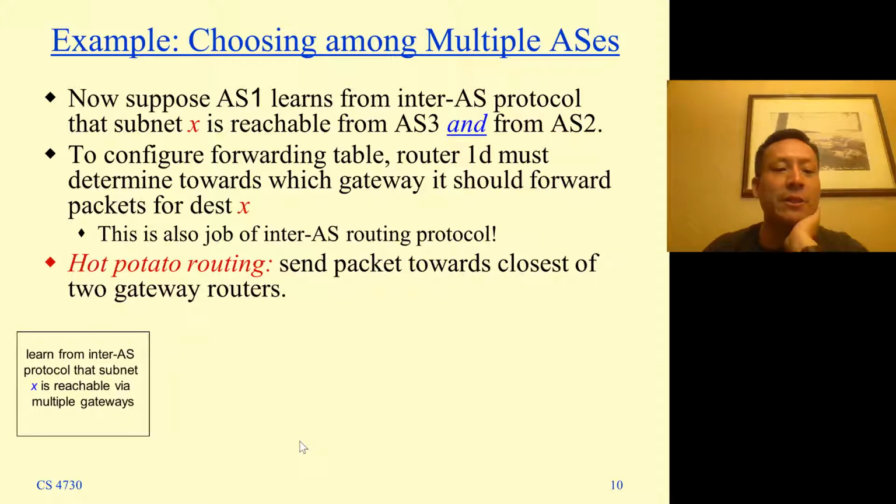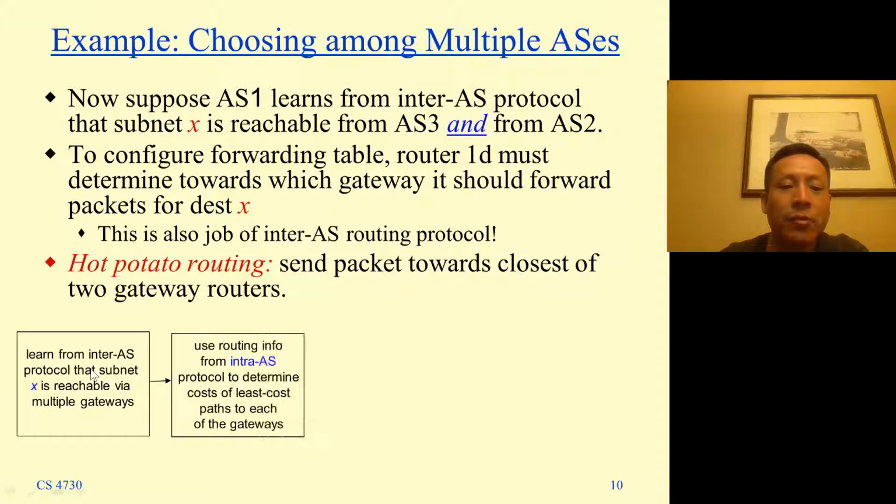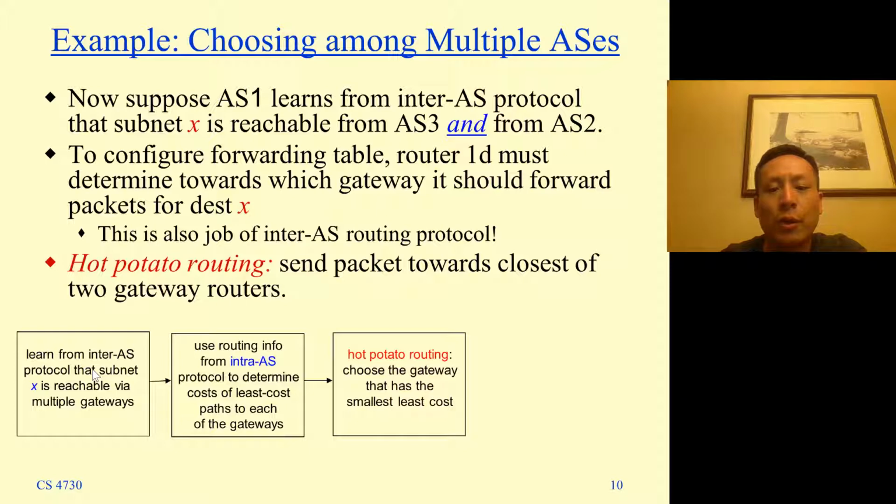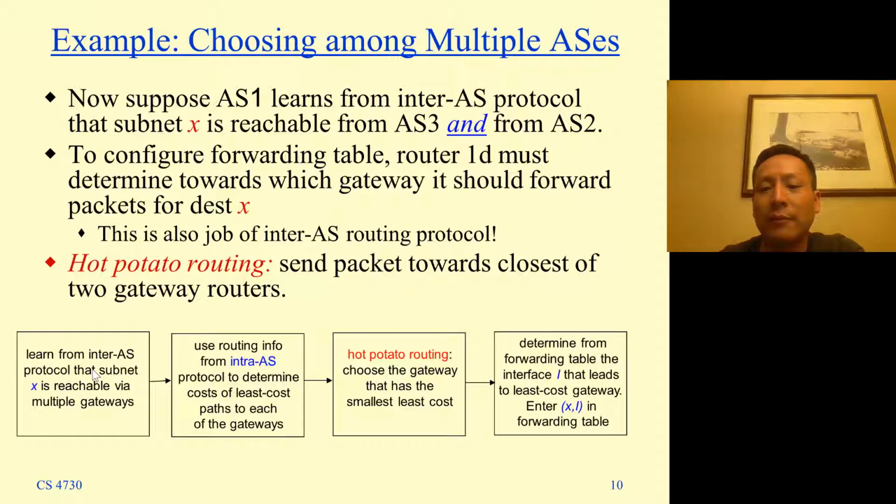So basically, first you need to learn the reachability information and know that X can be reached through multiple gateways. Then you use the routing information from the intra-AS domain to determine the least-cost path to each of these gateways, and compare these two options, right? You do hot potato routing and choose the gateway with the least cost, and throw your packet.